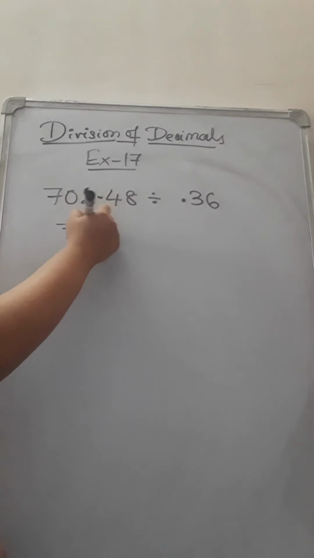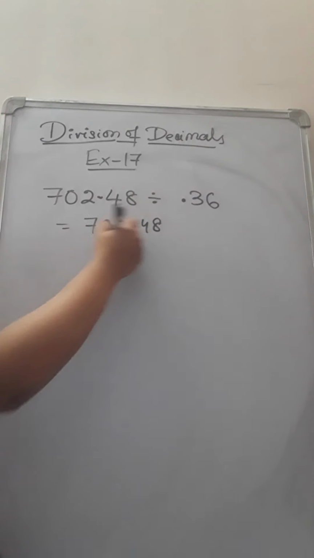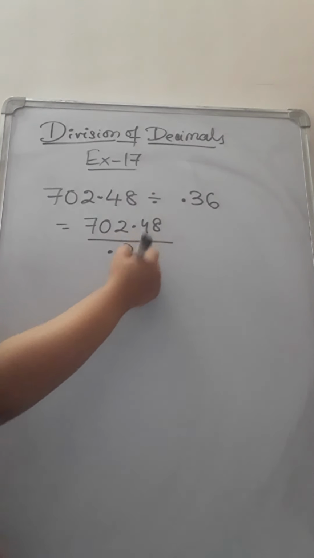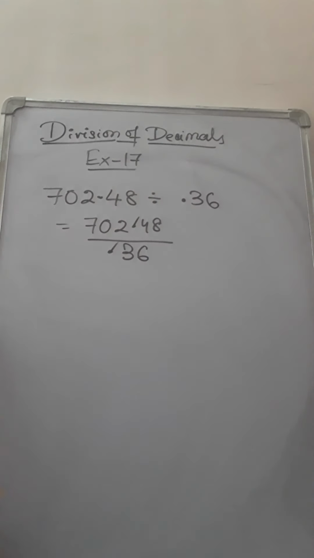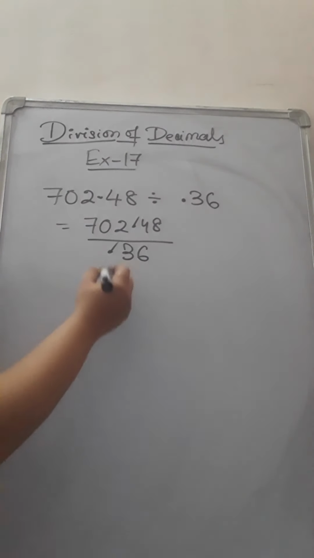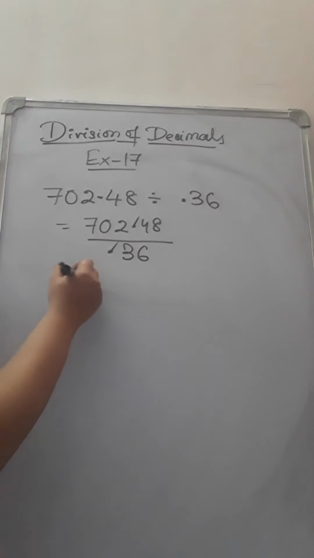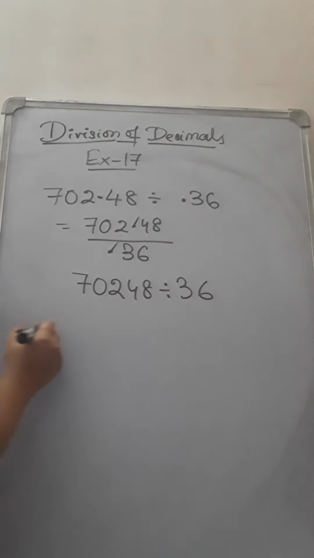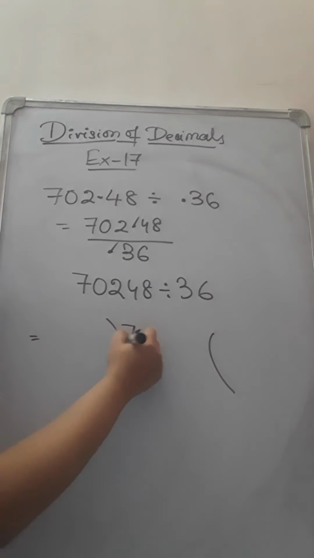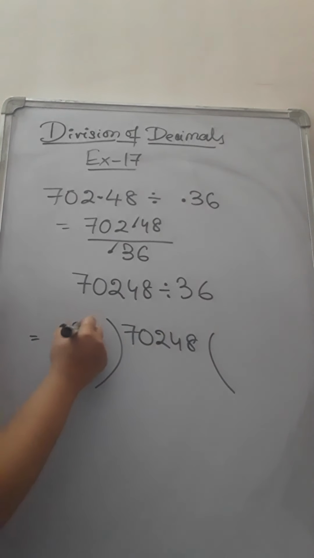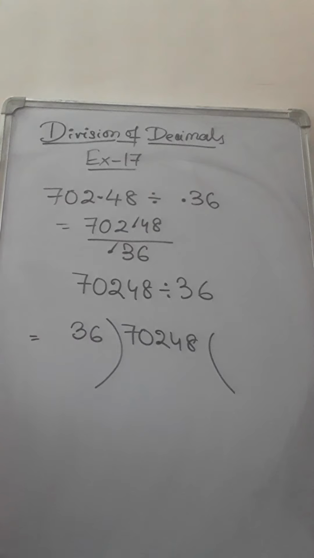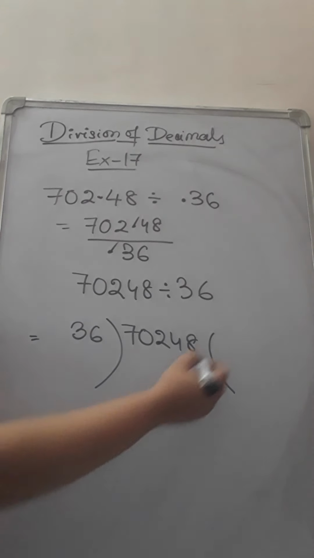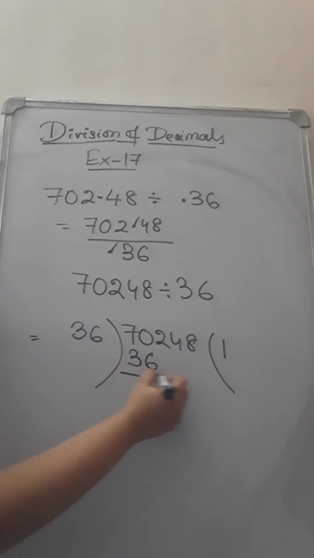Okay, so if we write 702.48 divided by 0.36, the point gets cancelled and we can do the sum. It reduces into a pure sum, that is 70248 divided by 36, and you all know how to divide any pure number normally. So 36 twos gives you 72, so we cannot take that, so 36 ones are 36.